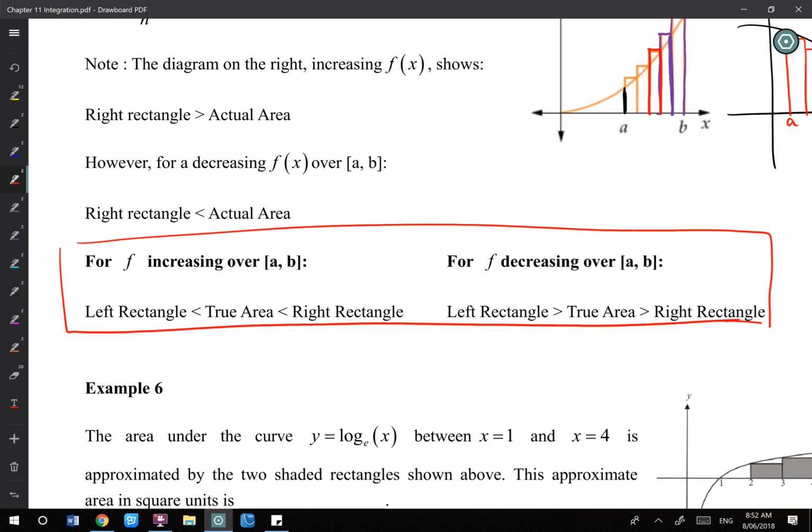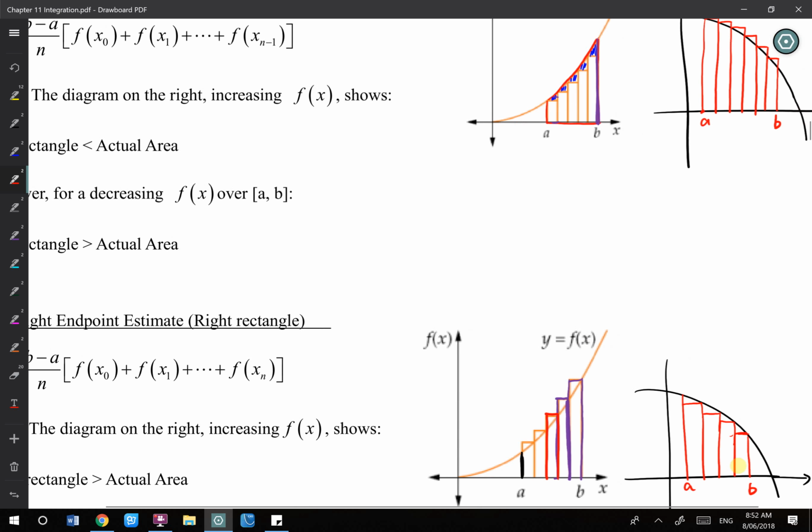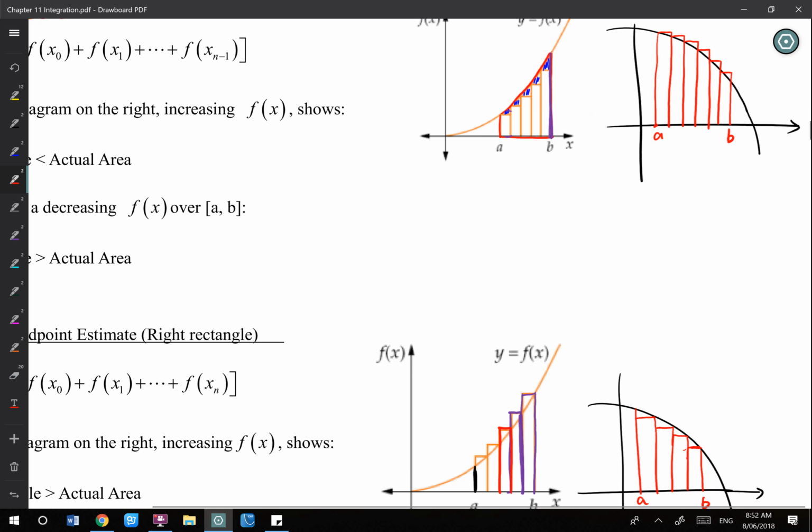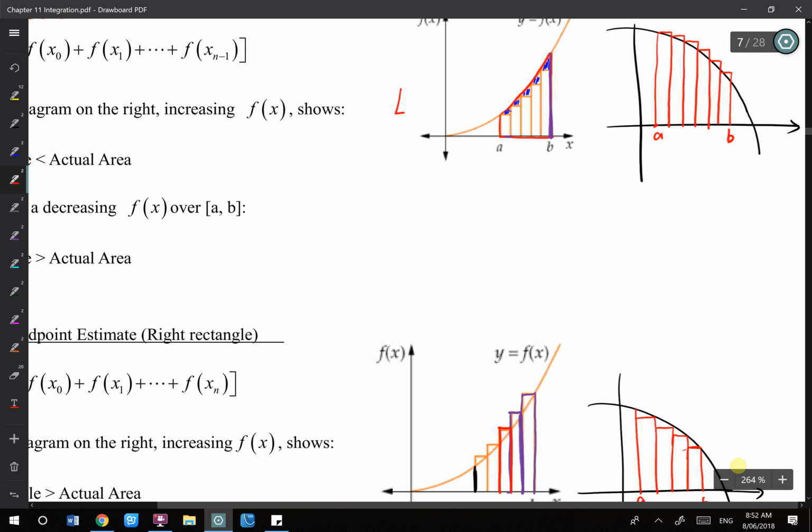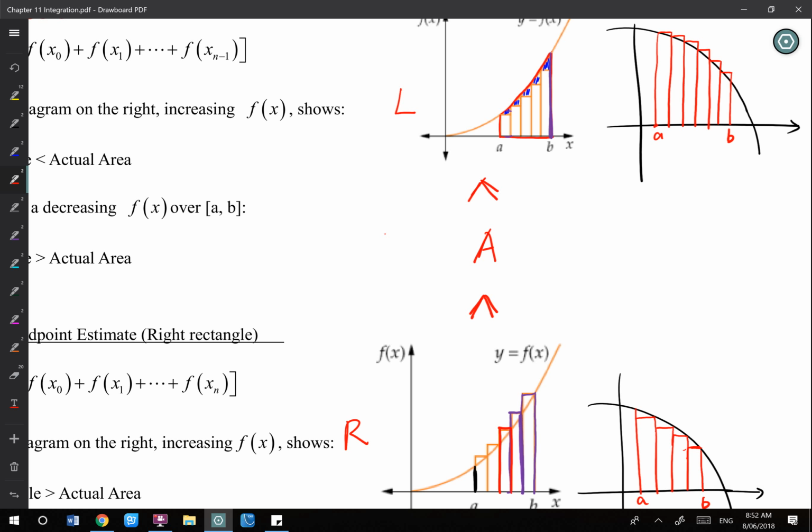So let's say an increasing function. This is the increasing function. This is the left-hand side approximation. This is the right-hand side approximation. And this is the actual area. The relationship is that the left-hand side is smaller than actual, and actual is smaller than the right-hand side approximation.